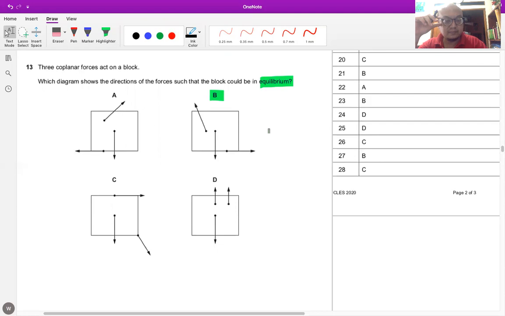Let me check option C. Equilibrium is when the total force equals 0 and the total torque equals 0. So I think this one has total torque not equal to 0. The C has total torque not equal to 0 because there is rotation.